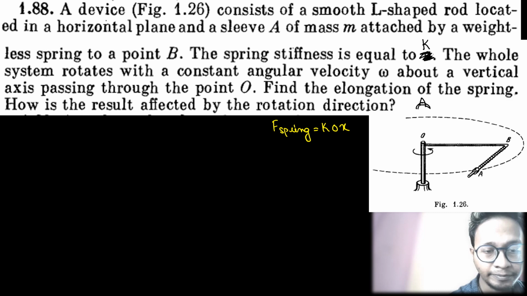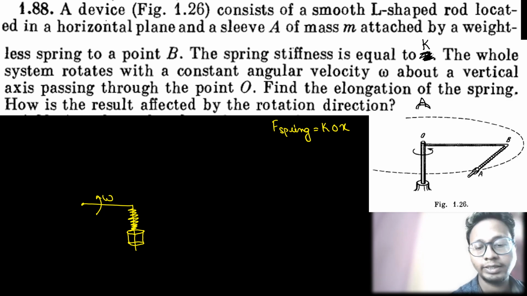This is a spring, this is the rod, and this rod is connected to a spring. Out here there is the bolt, and it is rotating with omega in this direction.